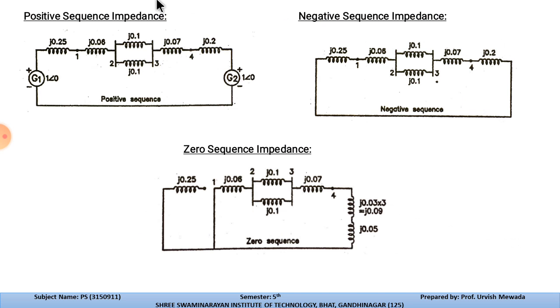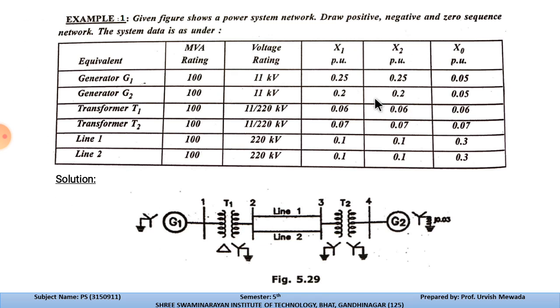This is the positive sequence network in which both the generators are present, along with all the connected elements. You can see 0.25 over here, which is the reactance of generator number 1.